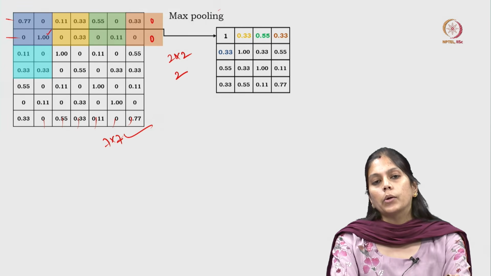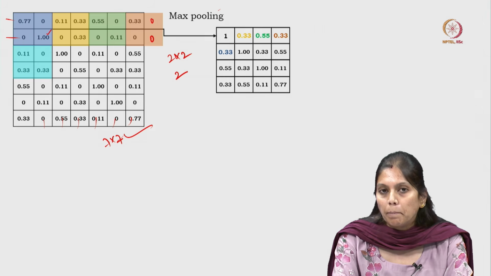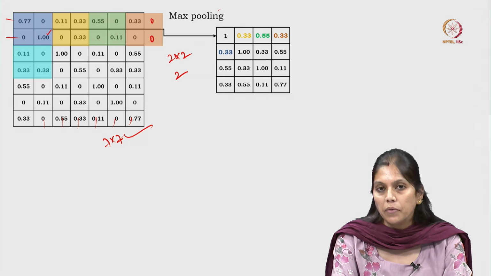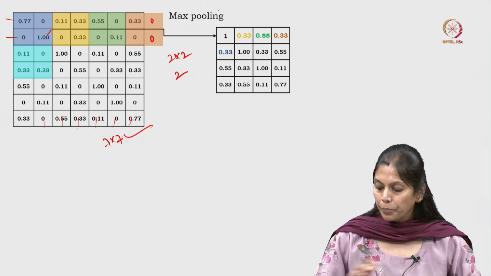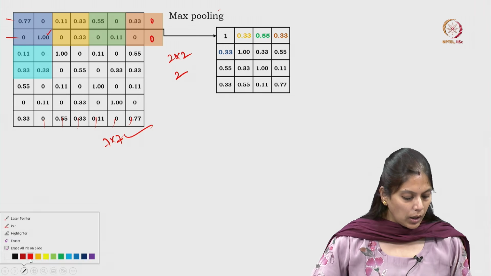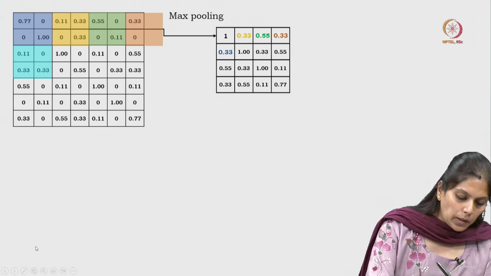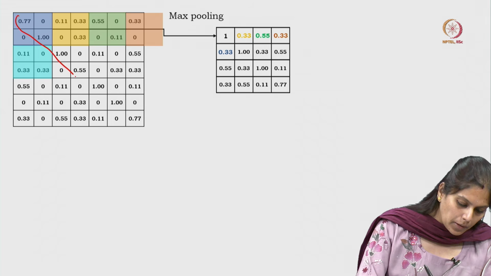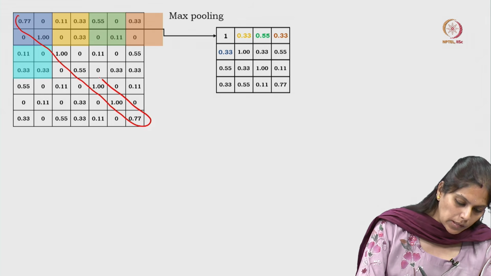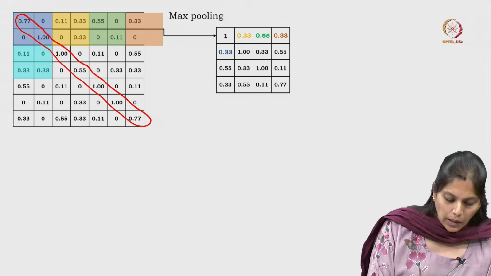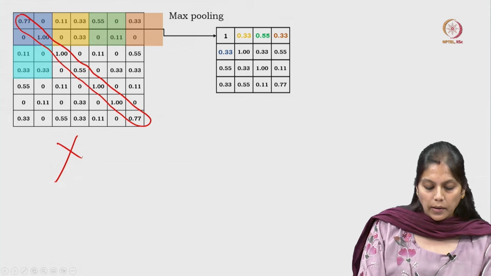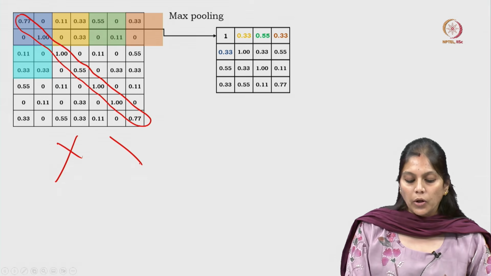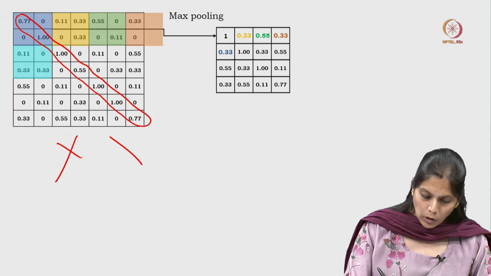Now you can ask the question, by doing a downsampling, have we lost some information? The answer is no. Observe this very carefully. When you look at the diagonal values, which is the original input x, which has extracted this part, after you apply the max pooling, can you observe this diagonal?